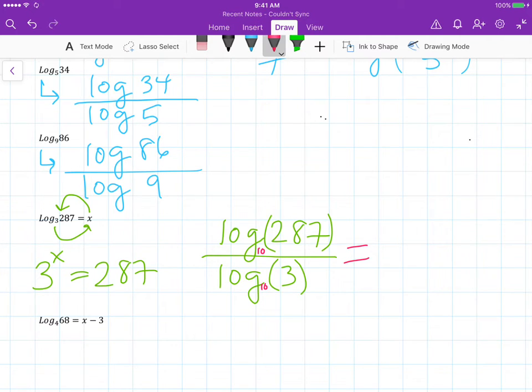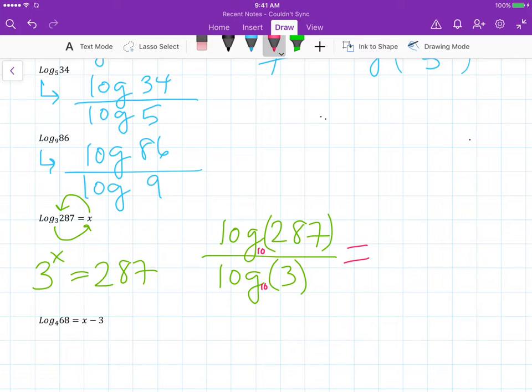In our calculators, what you can do is take the log of 287, put it in your calculator, and you get about 2.45788819, etc. But what I would rather have you do is just take the entire problem and punch it in.